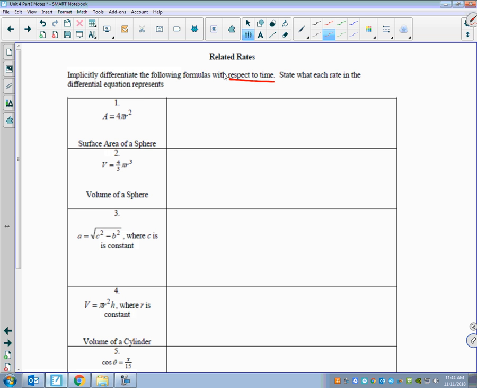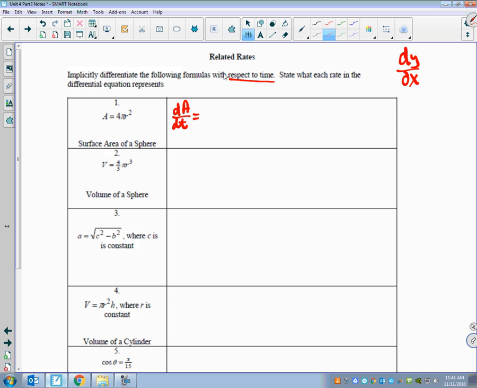And with respect to time means that just like when we do it with respect to x, we do dy over dx. So if I'm doing a derivative with respect to time, I want to take the derivative of that variable over dt, which is time. So if I took the derivative of A, I'm going to say that's dA over dt.